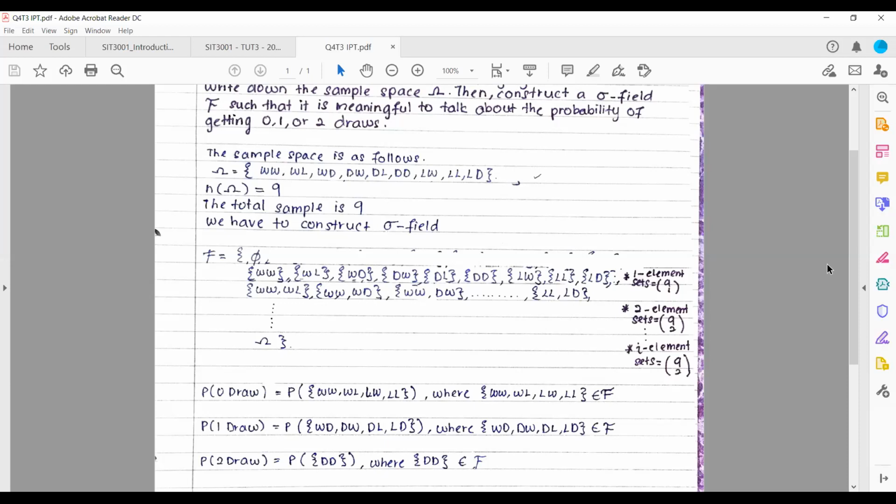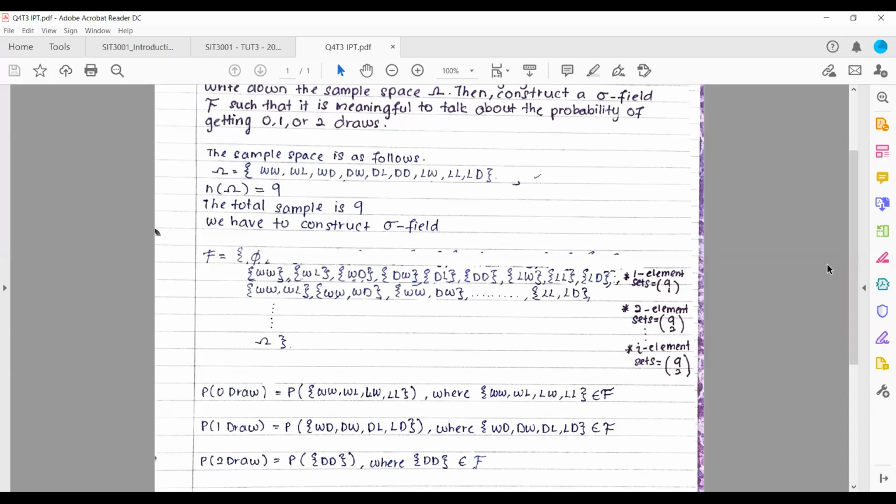Then for all kinds of questions you can ask about certain probabilities, that set will be inside your F. You can think of some other situations, like what's the probability that you lose on the second match?